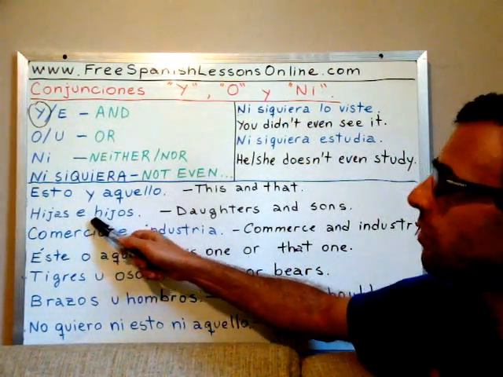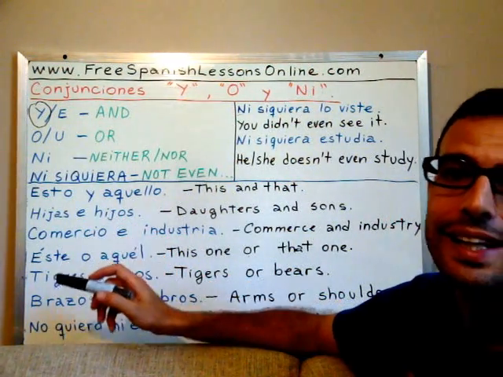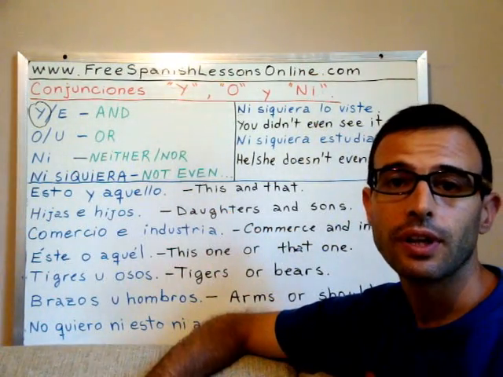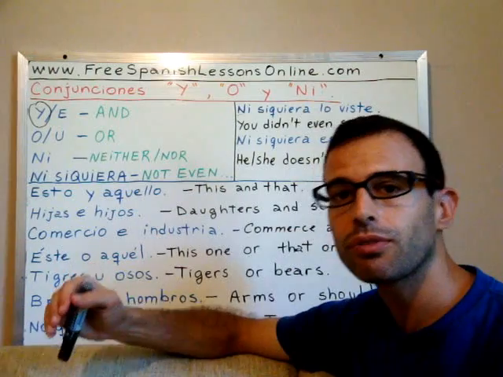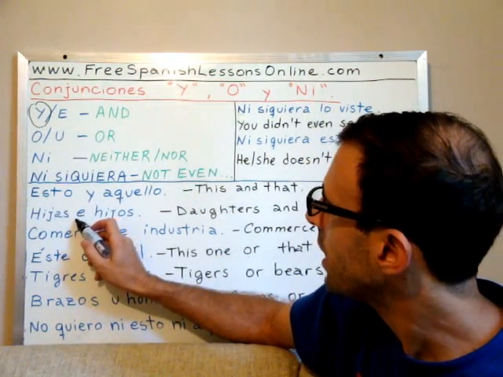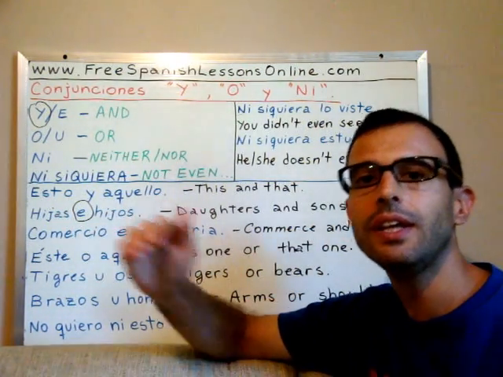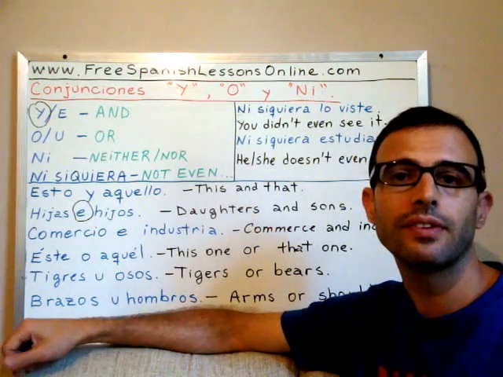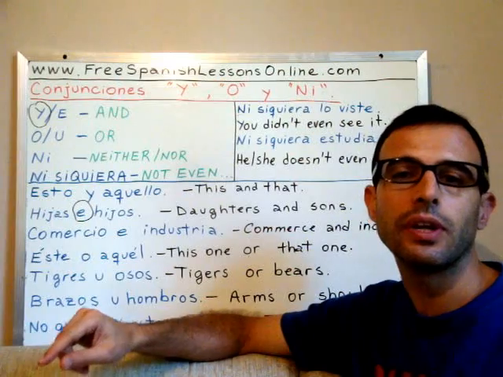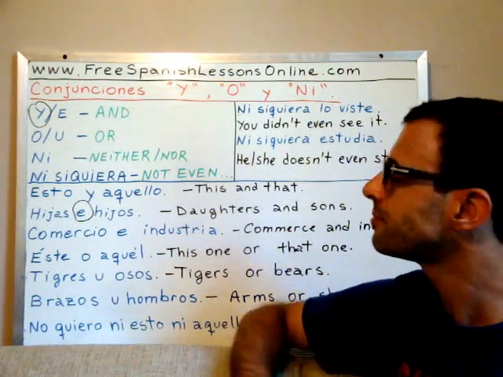Daughters and sons, right? Since hijos begins with i, then, so as to avoid the double sound, we change the y for an e, as you can see here, right? Same thing as in English with the word a. You don't say a apple, you say an apple, okay?